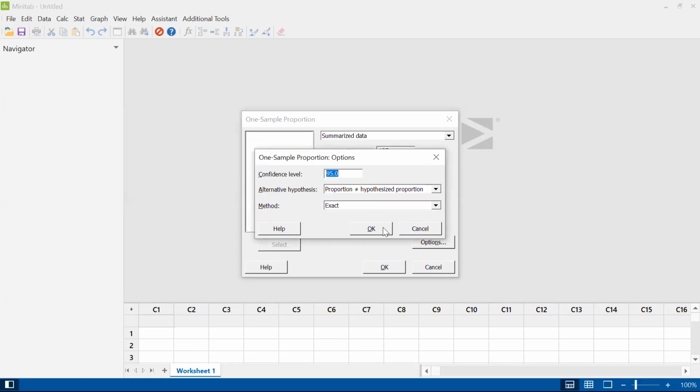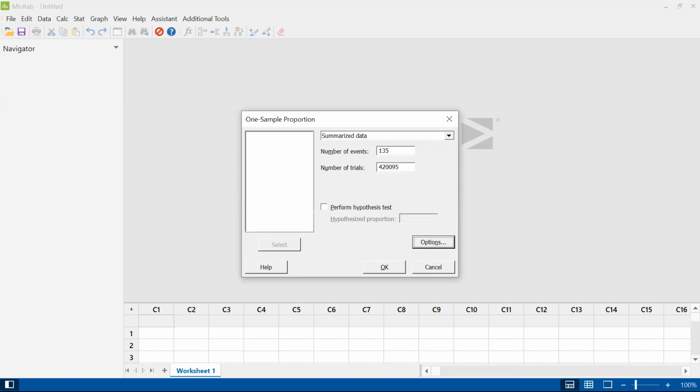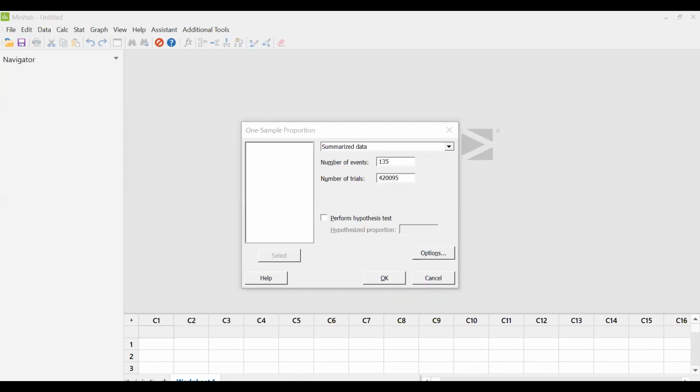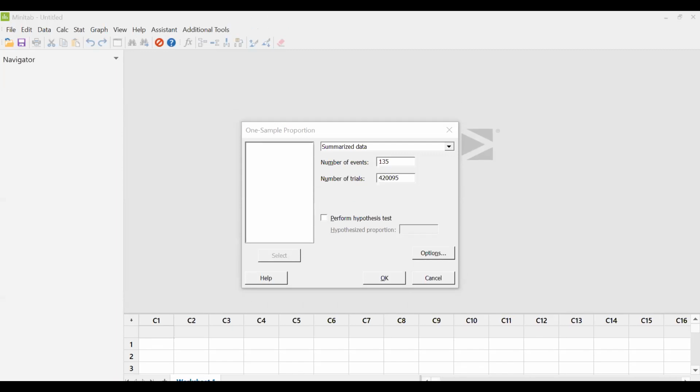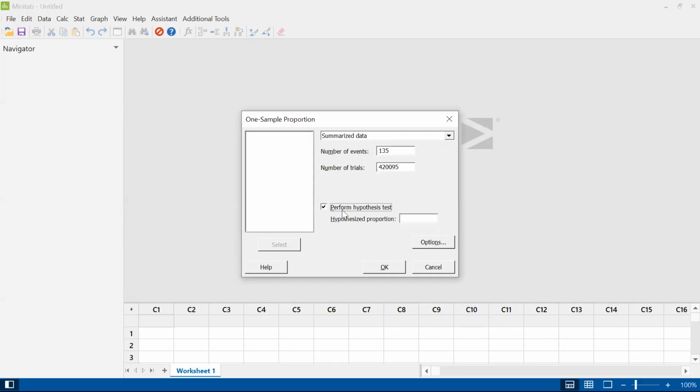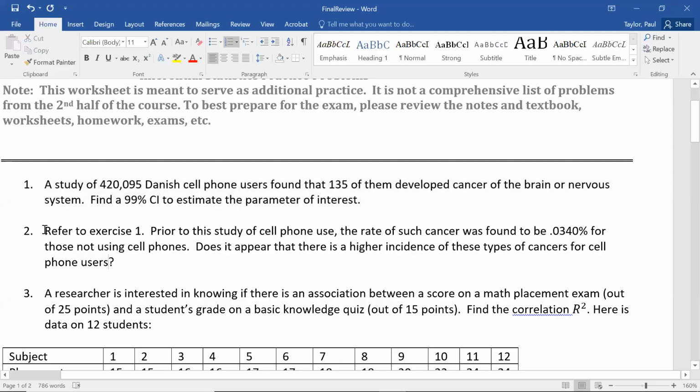Now, there's actually a second part. Number 2 is really a follow-up to this question, where they're asking you to perform a hypothesis test. So here, let me just flip back to the Word document for a second. So notice in number 2, it's referring to exercise number 1.